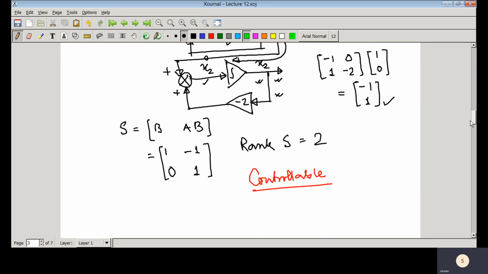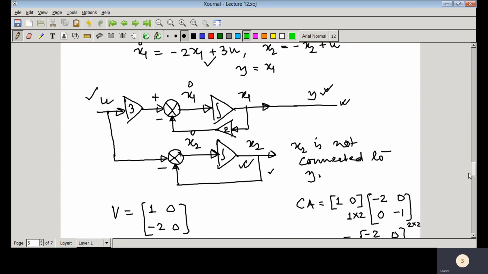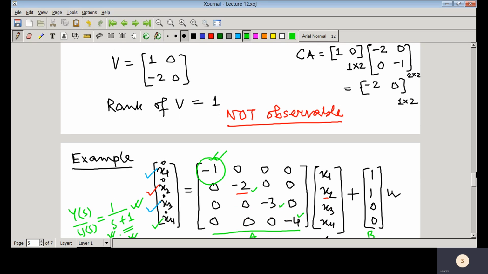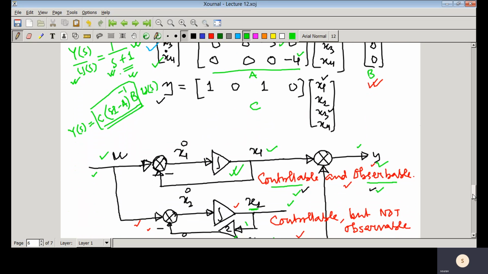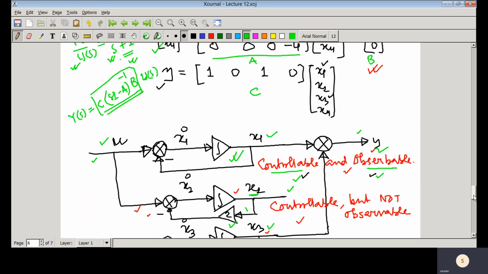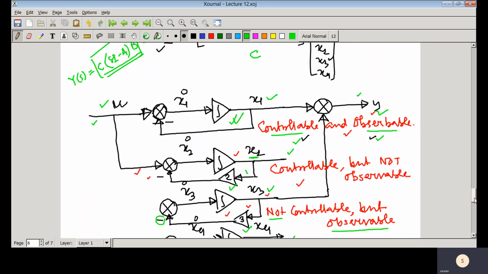We took the definition of observability, and finally we took one example where we showed that a state may be controllable and observable, controllable and not observable, or not controllable but observable.